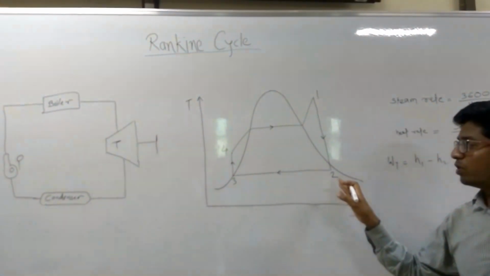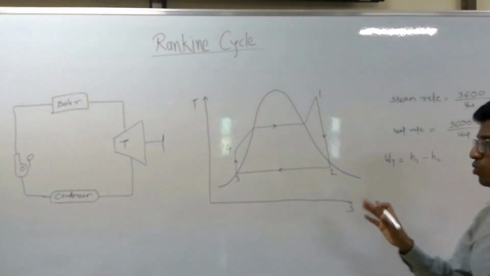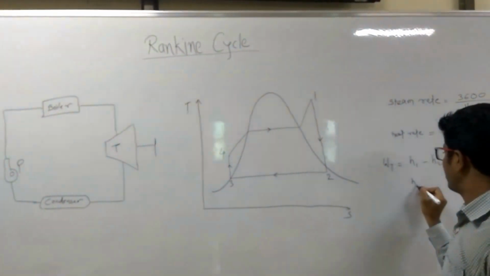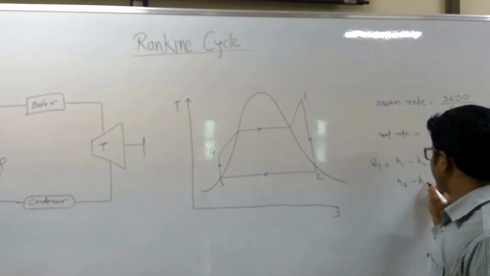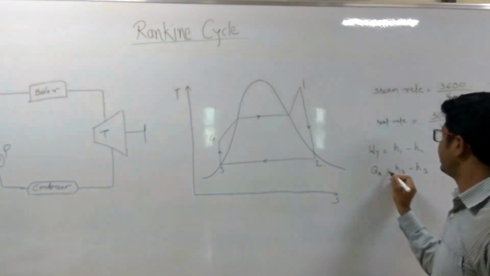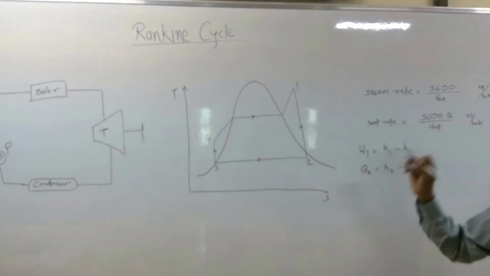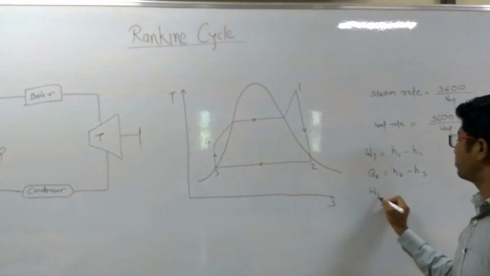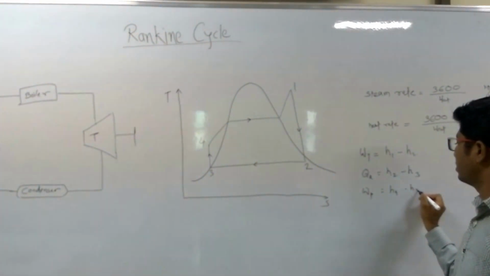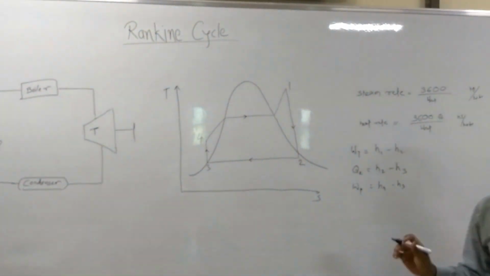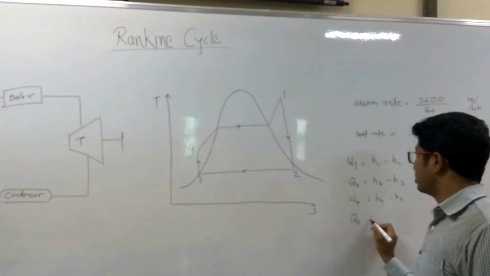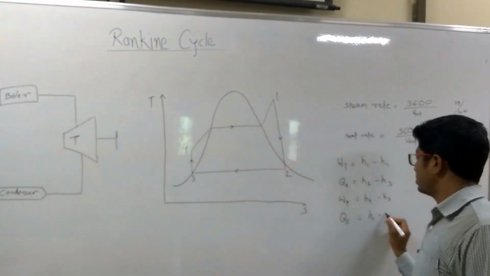Condenser load is nothing but H2 minus H3. Condenser load we can refer to as heat rejected. Then the pump work is equal to H4 minus H3, and heat supplied in the boiler is equal to H1 minus H4.